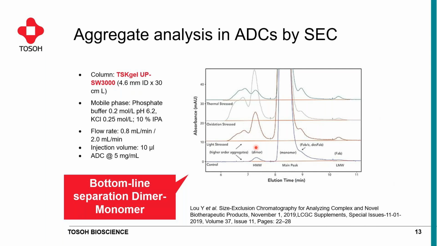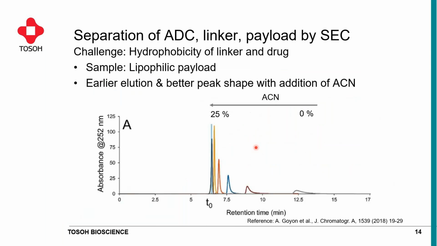Now, as I said initially, we may not only have impurities that are larger than our monomeric ADC, we may also come across molecules that are smaller, for instance, the linker or the drug. However, the separation of those molecules is often not as easy on size exclusion columns.